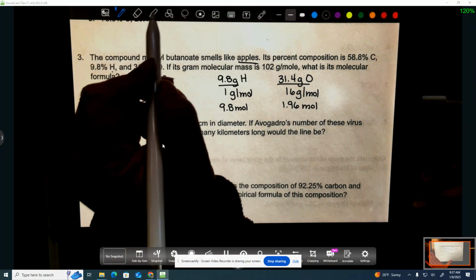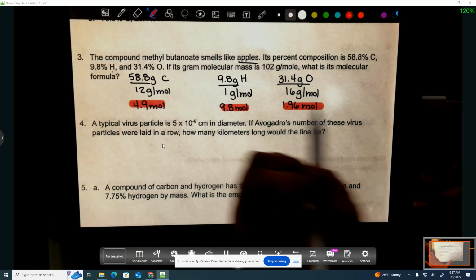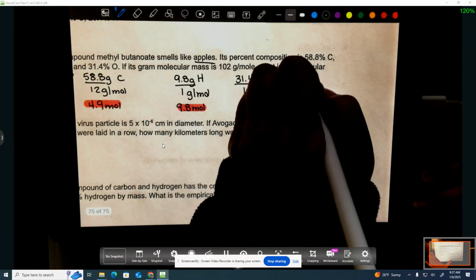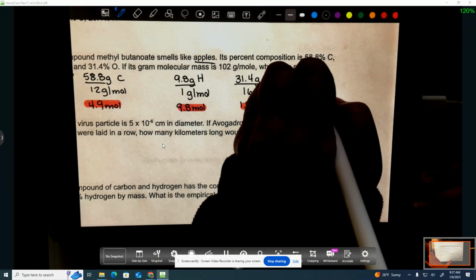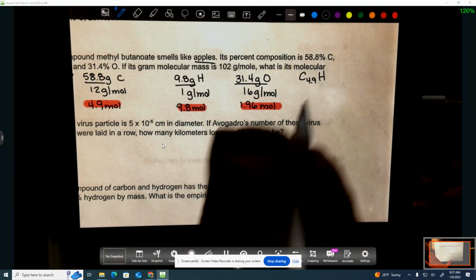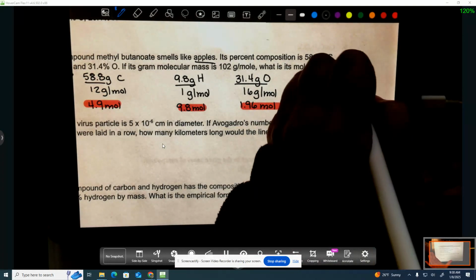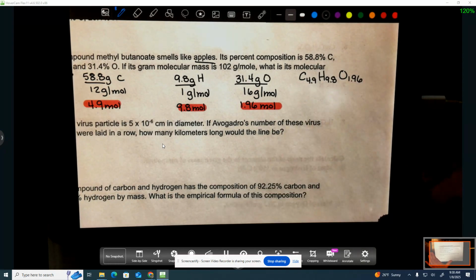Okay? There's my mole ratio. Moles, moles, moles. I'll do it over here. So that means carbon is going to be 4.9, hydrogen is going to be 9.8, and oxygen is going to be 1.96. Is that the empirical formula?